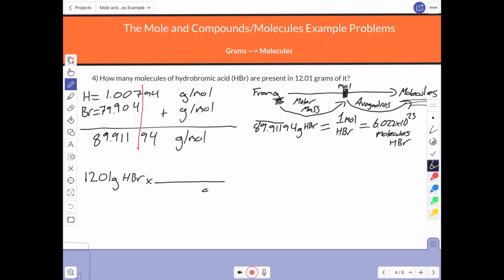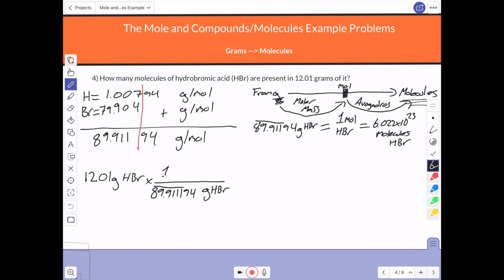We know grams of HBr has to go on the bottom, so it cancels out. That means that the molar mass goes on the bottom. So we place 80.91194 in the denominator.